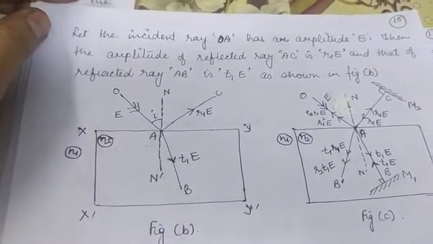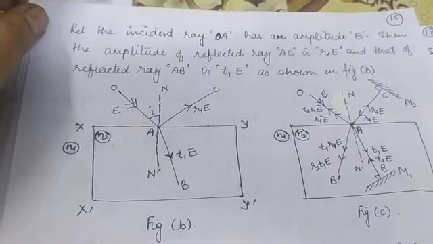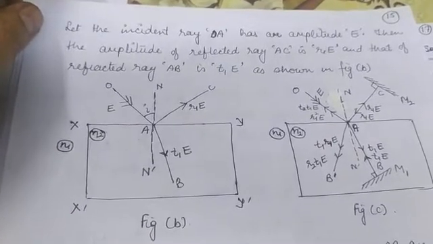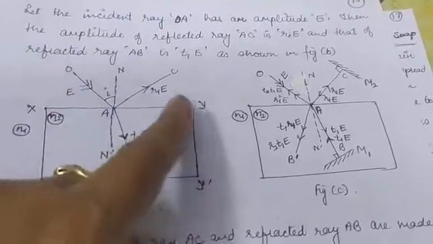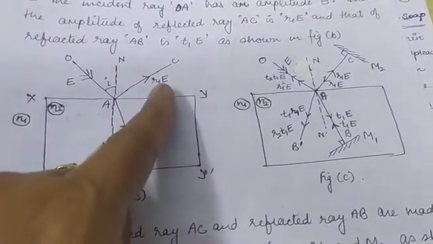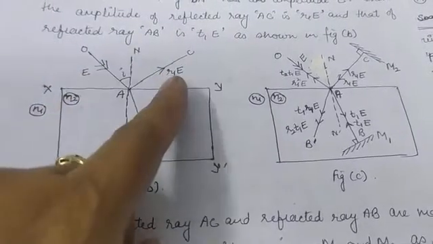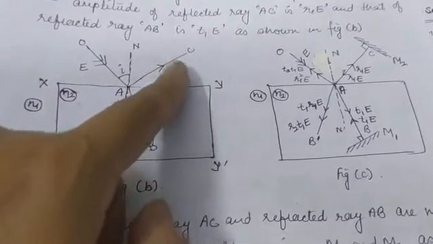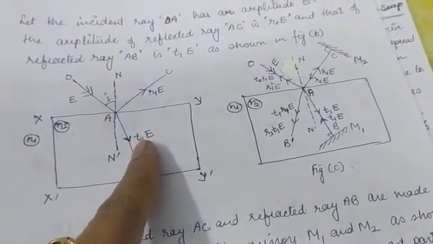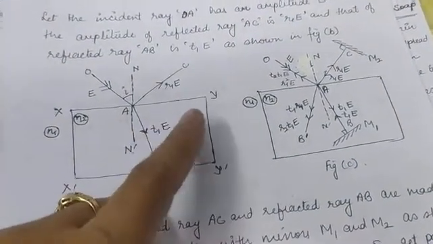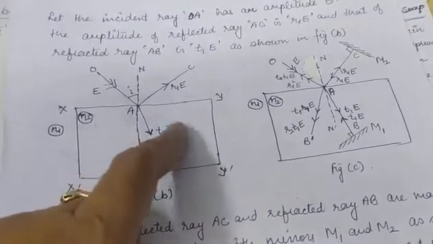Then the amplitude of the reflected ray must be equal to the reflection coefficient times the amplitude of the incident ray. That means ER upon EI is equal to R1. So ER will be equal to EI times R1, meaning E times R1. Similarly, transmission amplitude has been defined as the ratio of the amplitude of the transmitted wave to the amplitude of the incident wave.